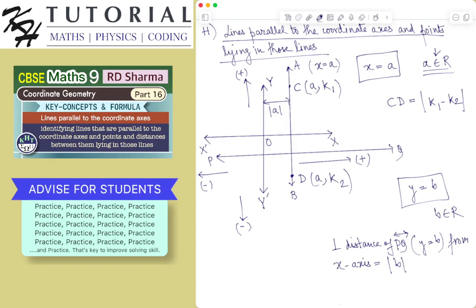So the equation of the line PQ which is parallel to the x-axis is y equals b, and the perpendicular distance of the line PQ from the x-axis will be modulus of b.